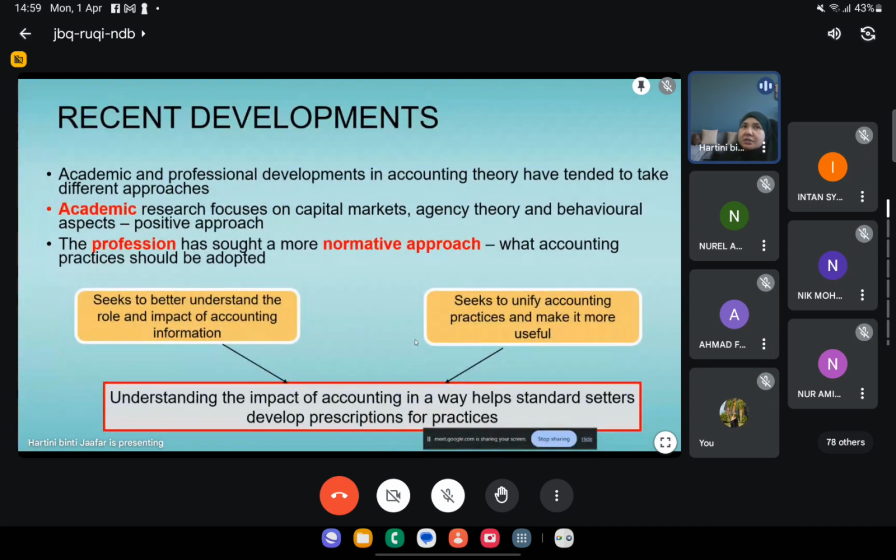Whereas the profession, they sought a more normative approach because that is their job. Their job is to provide guidelines, kan? Their job is to provide the standards. What are the things that companies have to follow? So what accounting practice should be adopted?